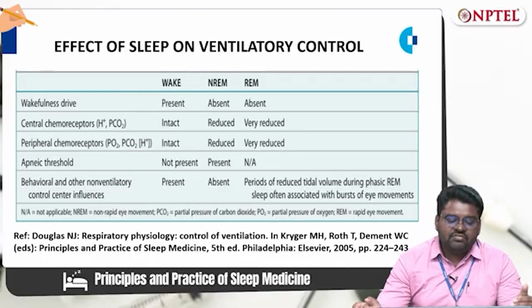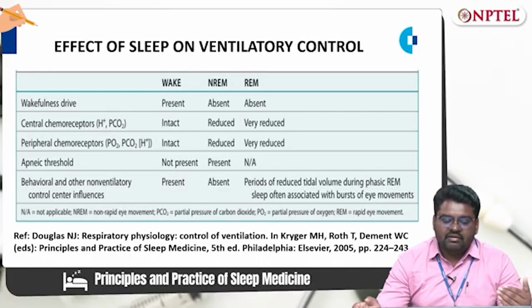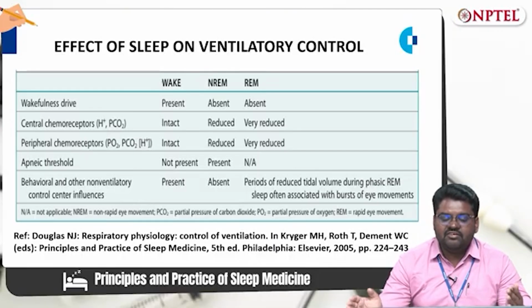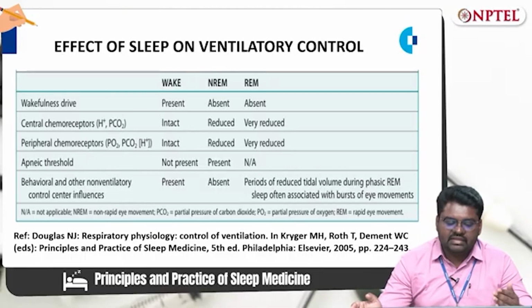So the wakefulness drive. Why are we awake in the morning? Because our brain is constantly giving the signals that we should be awake, we should not feel sleepy. So this will be present in wakefulness. But on the other hand, when we are sleeping, the cycle will be NREM and REM cycles.